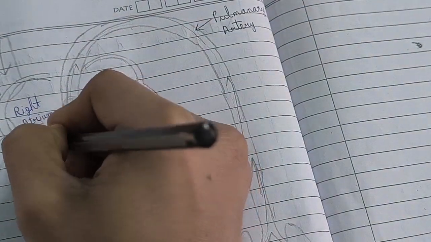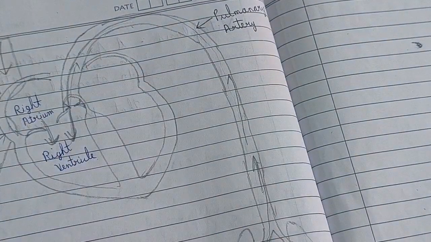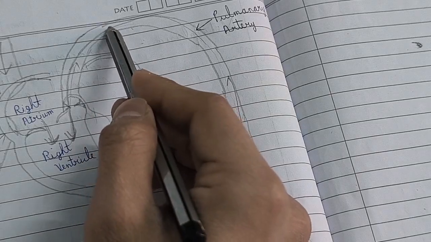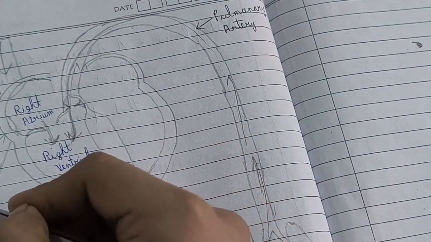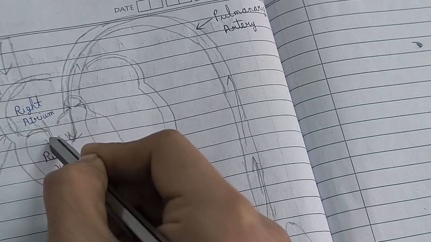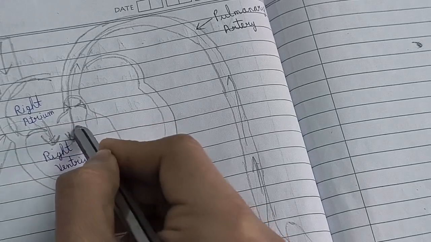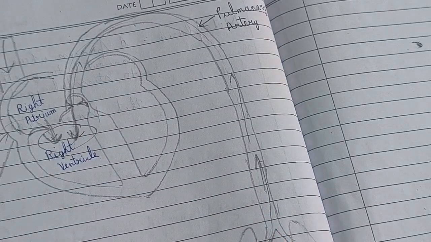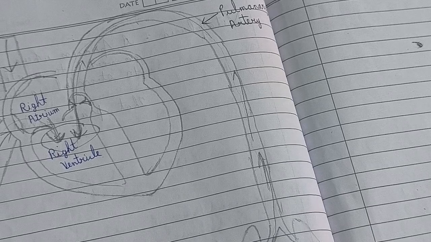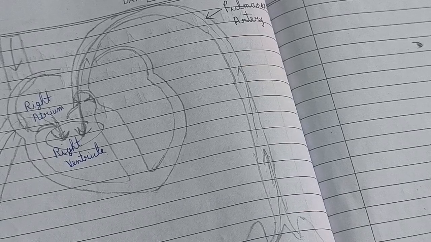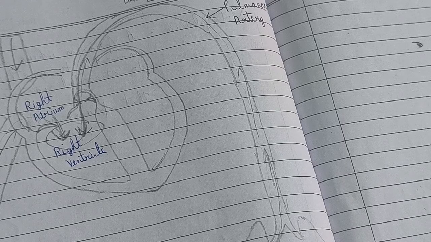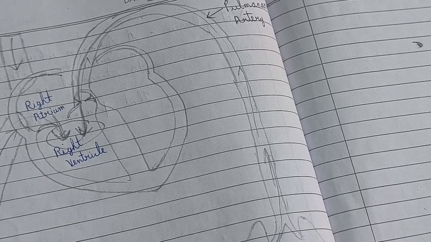As a result, you can notice that in the right ventricle there is a reverse flow of deoxygenated blood, and also the blood flow from the right atrium comes. Due to this, the blood pressure in the right ventricle increases, and due to the increase in blood pressure, right ventricular hypertrophy occurs.